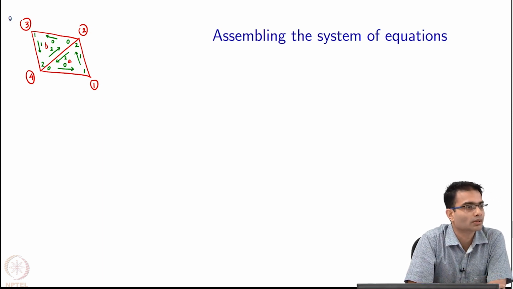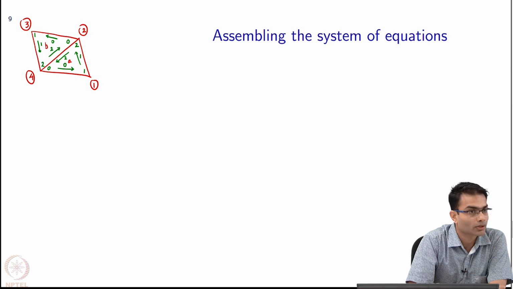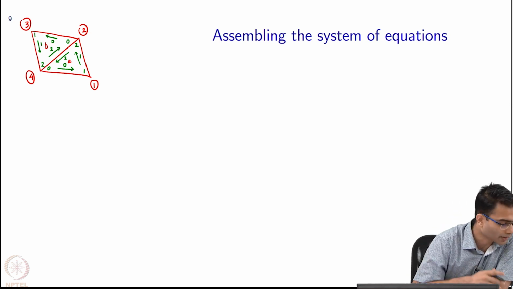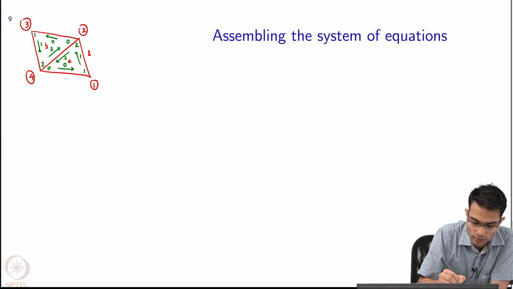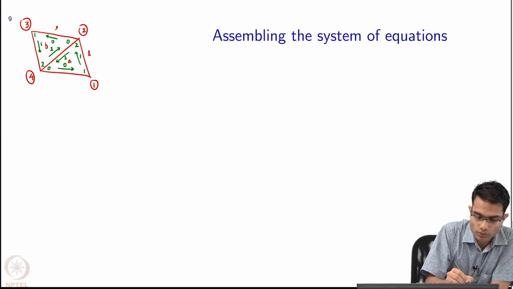What remains is global edges, right? So the edges need some kind of a unique thing, right? So I can say edge number 1 is this, edge number 2 is this, edge number 3 is here, and edge number 4 comes here, and finally I have edge number 5.